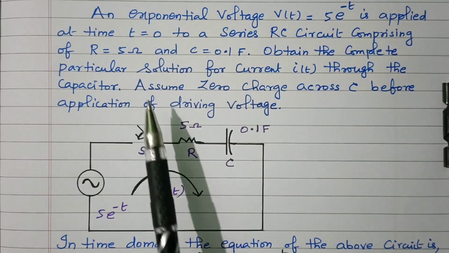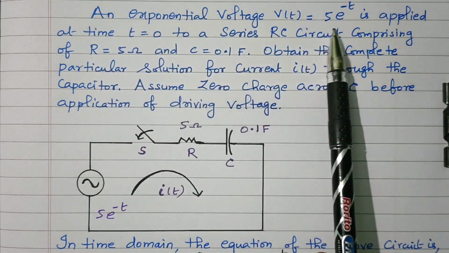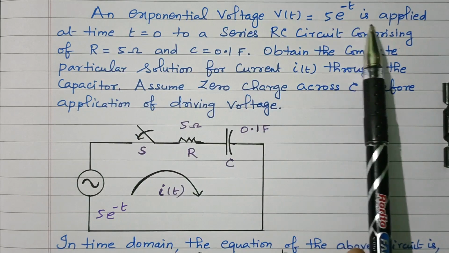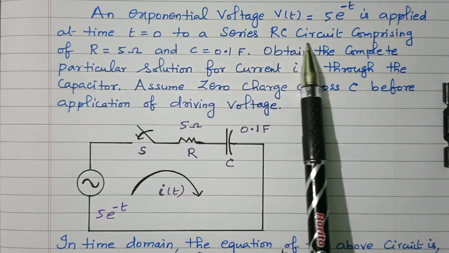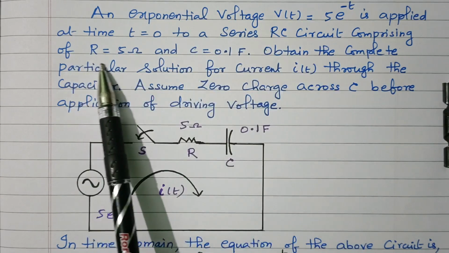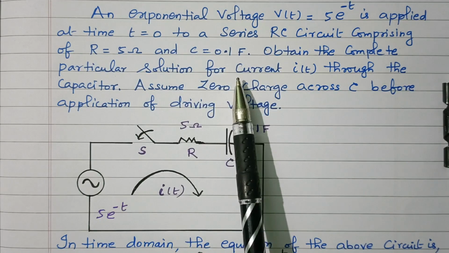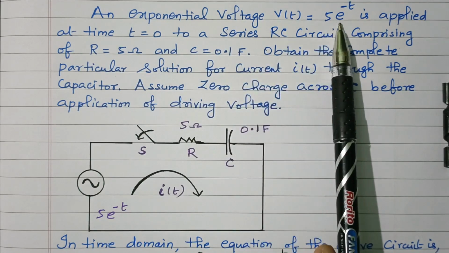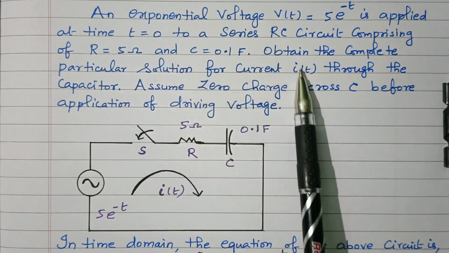Now we'll see the statement of the problem. An exponential voltage V of t equal to 5 e power minus t is applied at the time t equal to 0 to a series RC circuit comprising R equal to 5 ohm, C equal to 0.1 farad. So 5 e power minus t voltage is applied at t equal to 0 to the RC circuit.